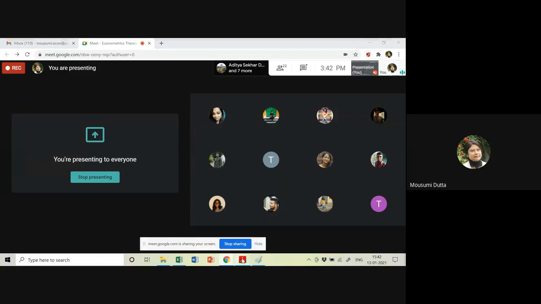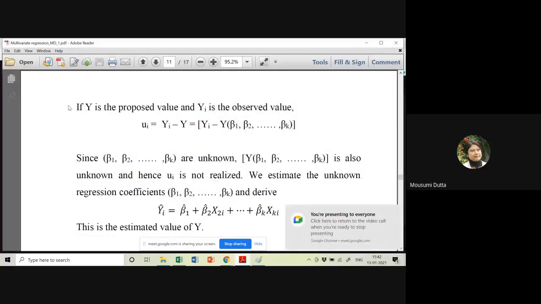Okay, so let me show you the slides. So whatever I told you, if Y is the proposed value, last day I talked about the proposed value. Y is the value where there is no error at all. So Y is equal to beta 1 plus beta 2 x2i plus beta 3 x3i plus up to beta k xki.